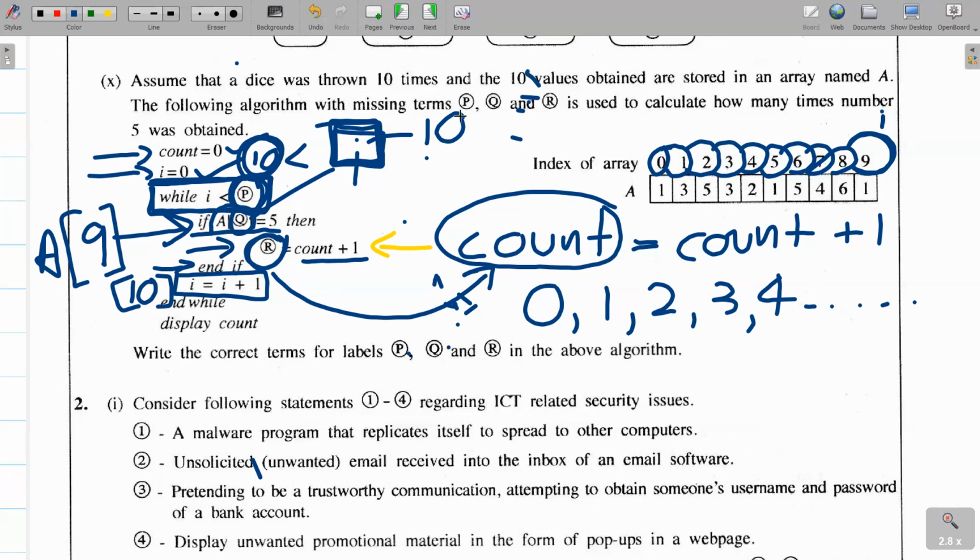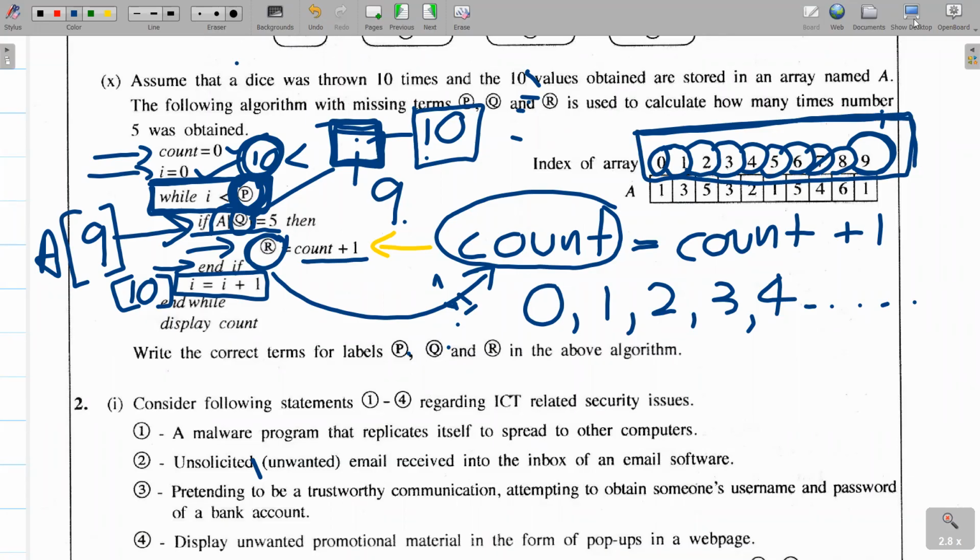You can't have P as 9 because then it will stop by taking A9 into consideration. So P must be 10. Then only you will be able to go through all these 9 indexes, then come to an answer.